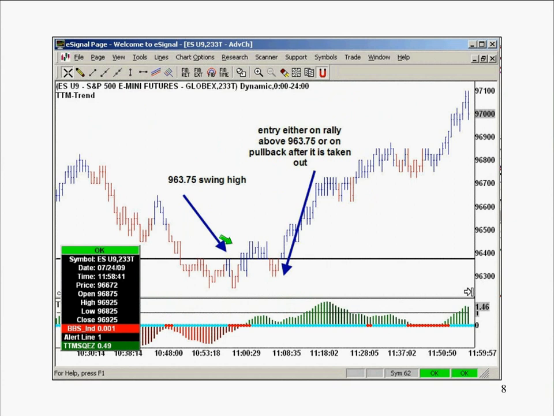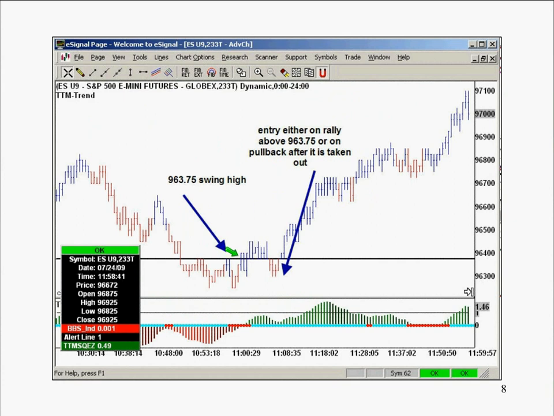Okay, either taking out the prior swing high. So if this swing high was 963.75, once it ticked 964, you can enter on a stop if you want, but once it ticked 964 even, you're long.